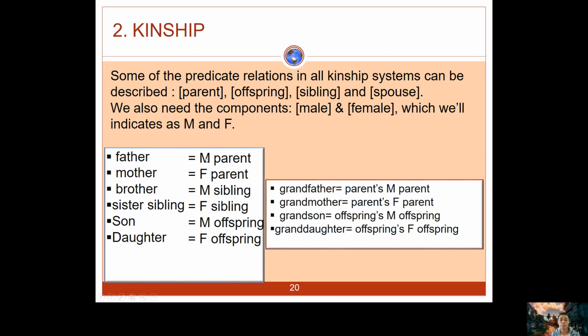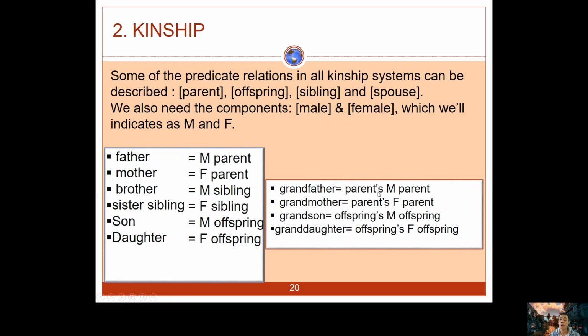We must add M, so it must be specific to make sure of the sex of the parent. M means male, so father is a male parent. Mother is a female parent, brother is a male sibling, sister is a female sibling, and siblings, like that.